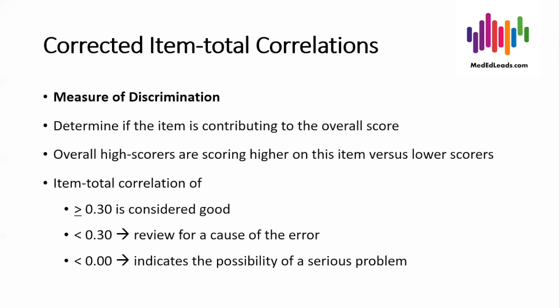Even if the measure of discrimination was calculated using item total correlations, or point biserial correlations, or discrimination, the interpretation is the same. If this value is more than or equal to 0.3, it is very good. It is acceptable. Even between 0.2 and 0.3 is fair enough, not much problem. However, if it goes less than 0.3, look for some causes of error. Are there two correct options?